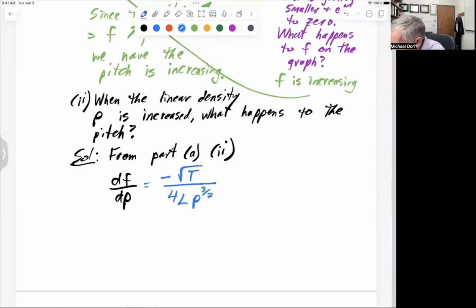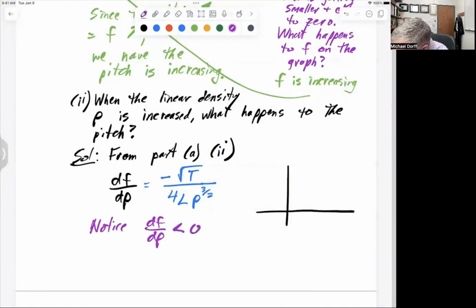So what is happening in this case with this function here? Notice df d rho is negative. Why is it negative? Because we have this negative sign here and everything else is positive.